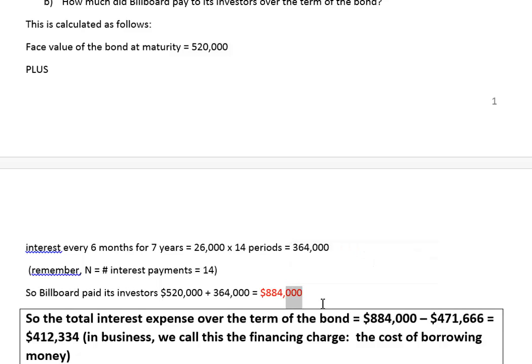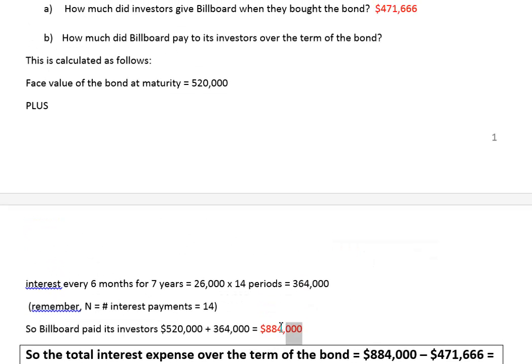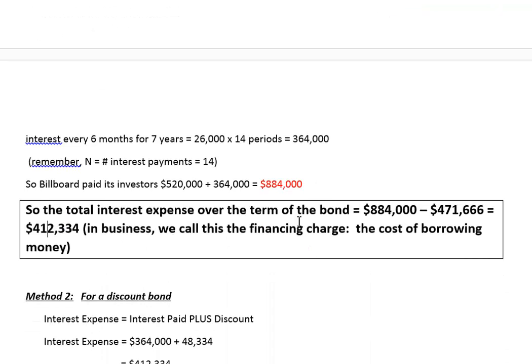How much interest is it exactly? It's the difference between what you had to pay them back, which includes interest, minus how much they gave you. And that difference is $412,334. In business, we call this the financing charge, or the cost of borrowing the money.